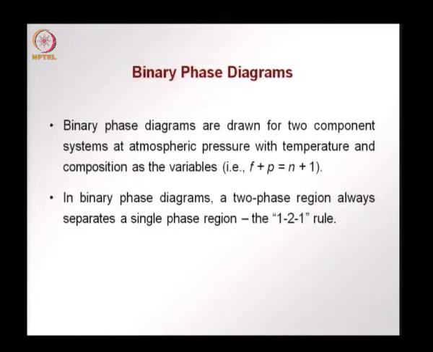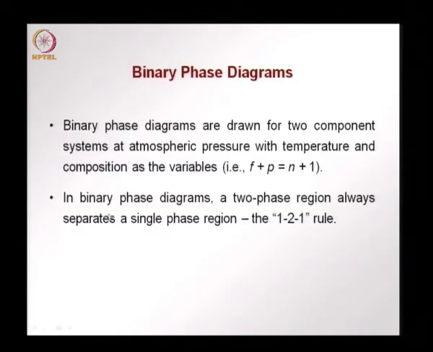Now, we looked at the Gibbs phase rule when we started the discussion on phase diagrams. When we have binary phase diagrams drawn for two component systems, we have these diagrams at atmospheric pressure with temperature and the composition as the variables. That is, the Gibbs phase rule becomes F plus P equals n plus 1.